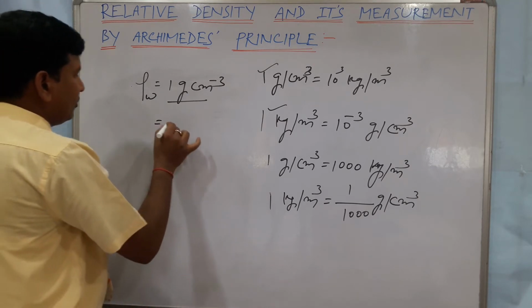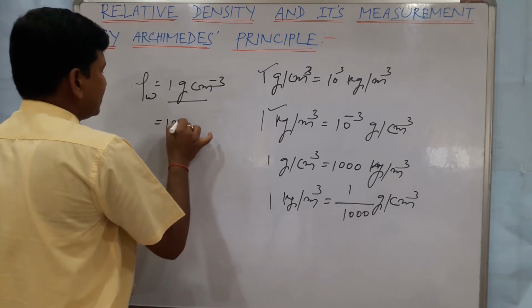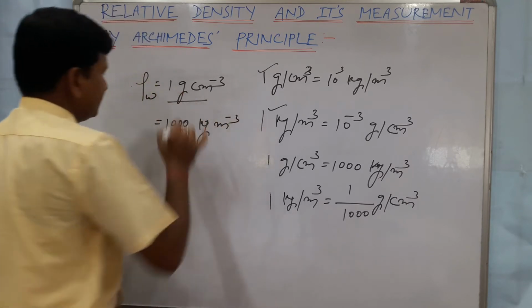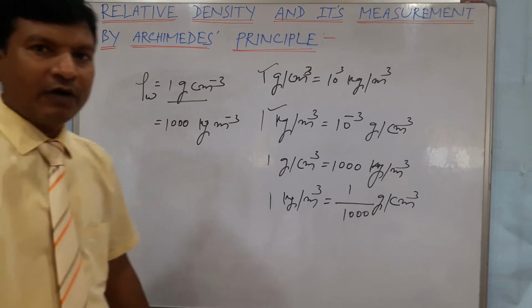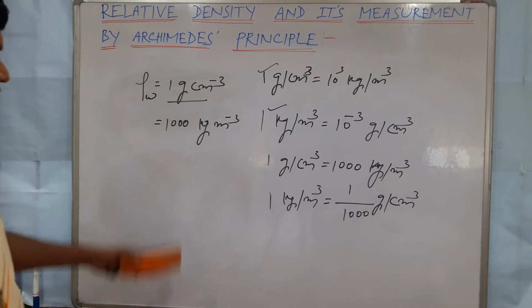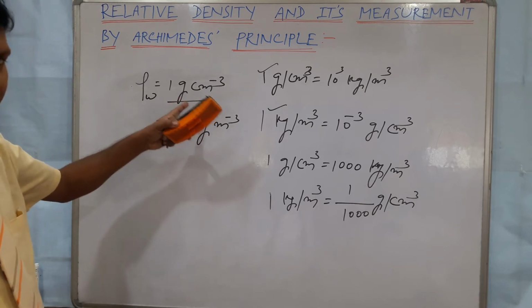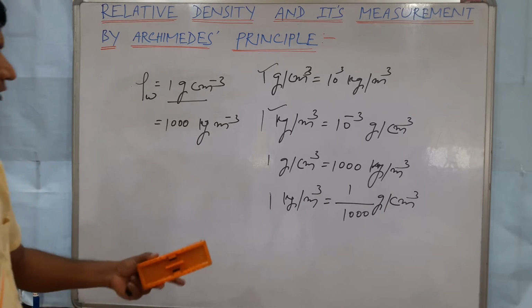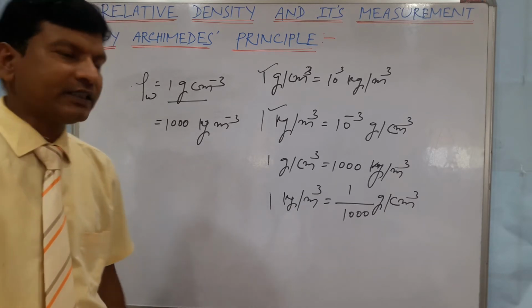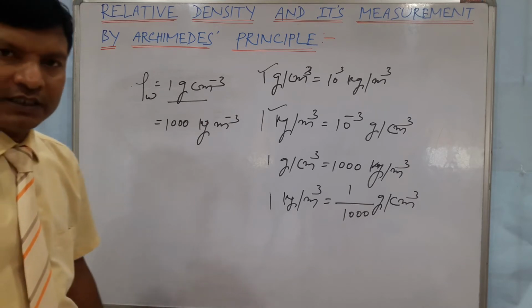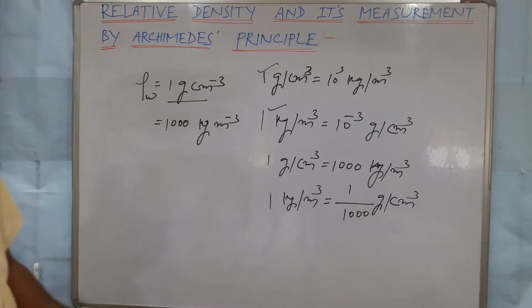But in SI unit it will be 1000 kg per meter cube. So this is the value of the density of water in the CGS unit and also in the SI unit. Remember that the density taken here is at 4 degrees Celsius. Now, what is relative density?